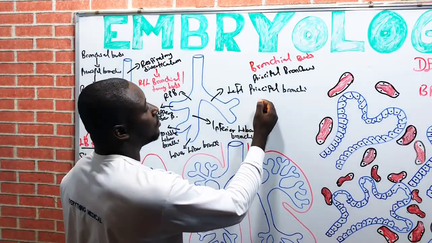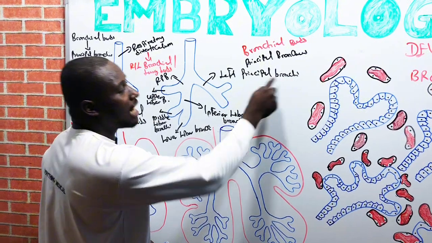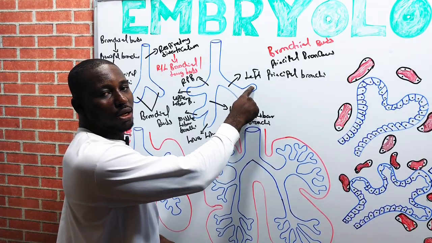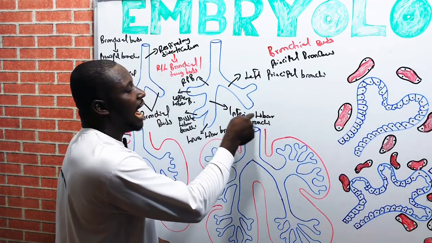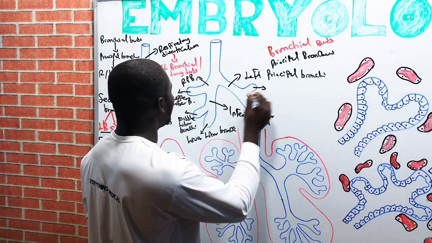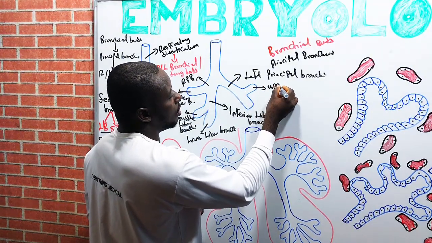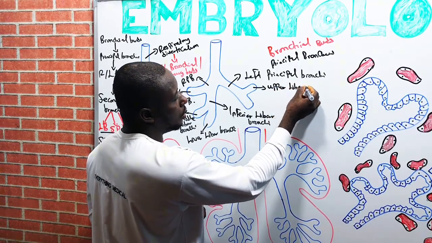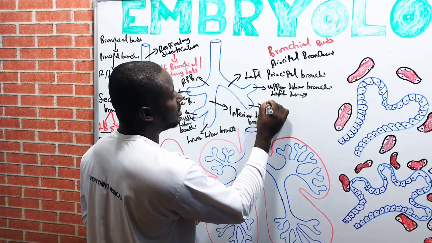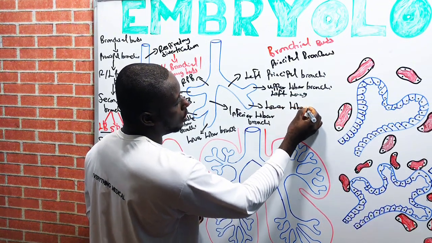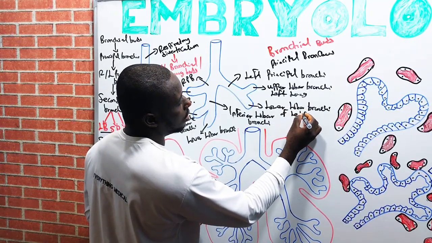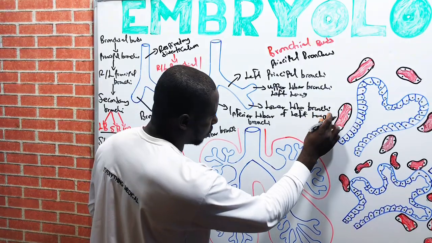Now, on the left side of the lungs, the left principal bronchi gives rise to the upper lobar bronchi of the left lung and the lower lobar bronchi of the left lung, right?